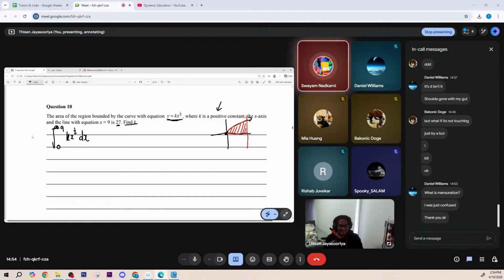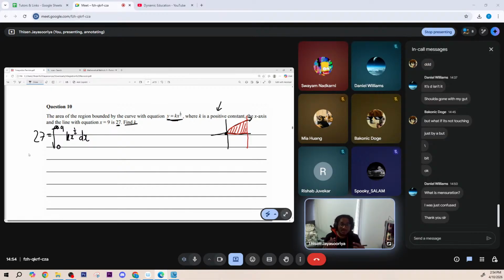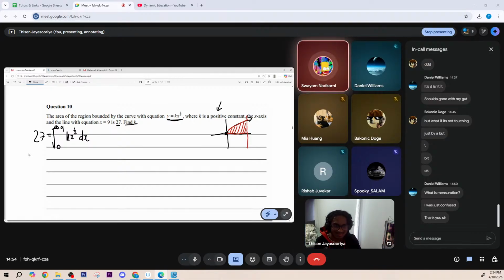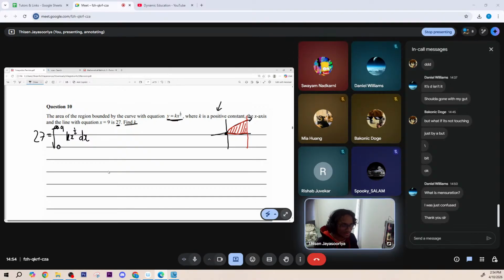Don't we need to have k in something and then make that equal 27? Yes, that's what I was looking for. I was just trying to do it by itself, because I get confused if I do it all together. So then we can mostly forget about the 27 and just deal with the integral. That makes sense.